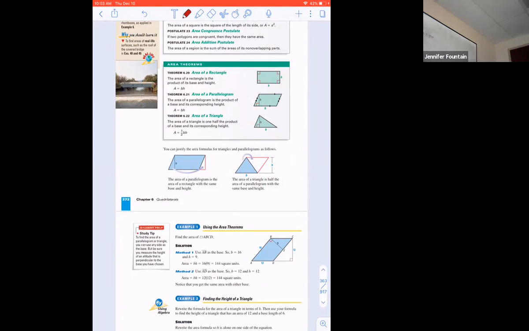Okay, so what you would have to do is go to the glossary and look up the formulas.